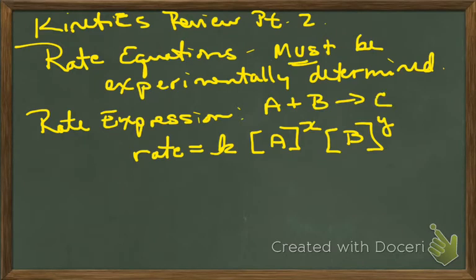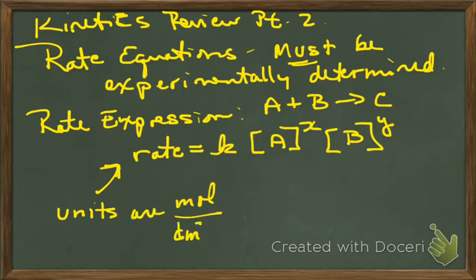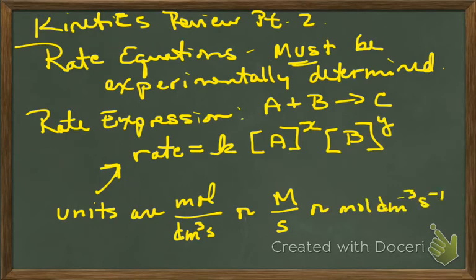This is for the equation A plus B going to C. All right, remember that the units for that rate are mole per decimeter cubed per second, or molarity times seconds to the negative 1, or moles decimeter to the negative third, second to the negative 1. Right, and those don't change.